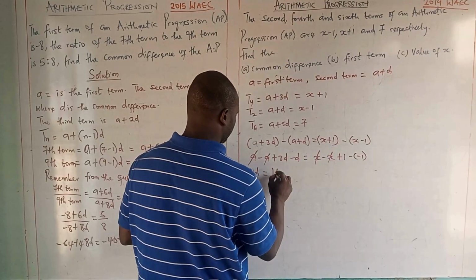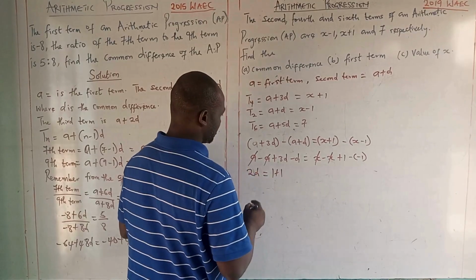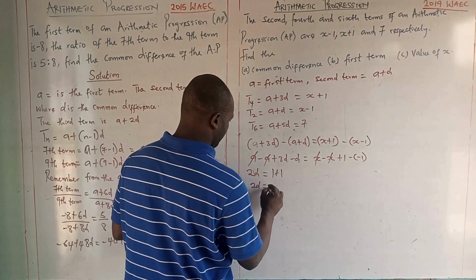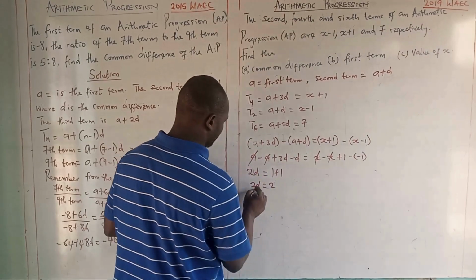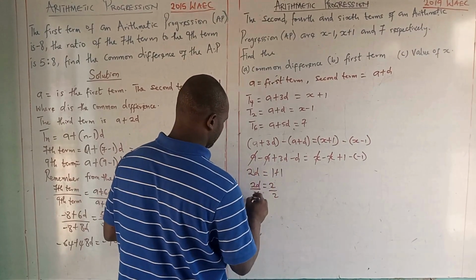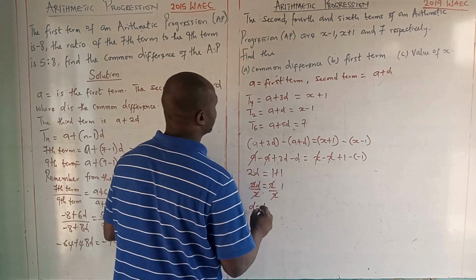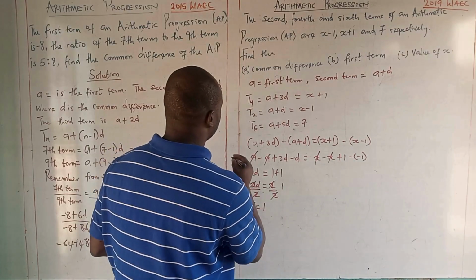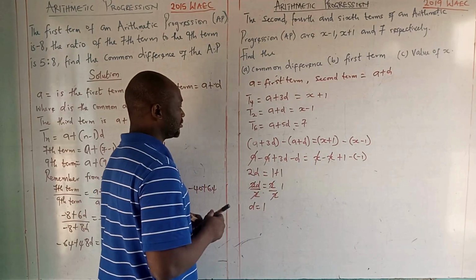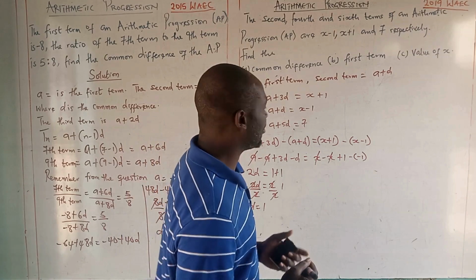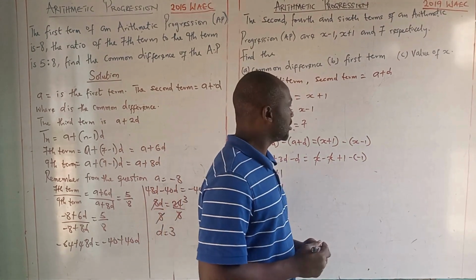Minus times minus will give us plus 1. That means 2d equals 2. Now dividing both sides by 2, d equals 1. So we've answered question A, that is, we found the common difference.